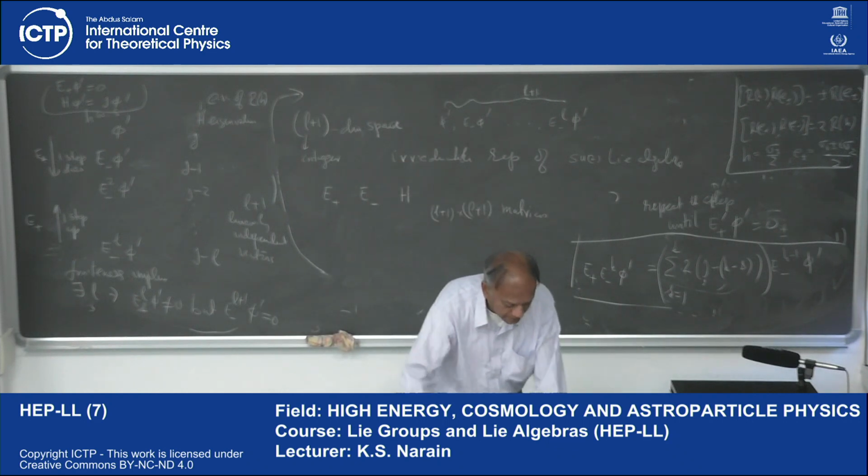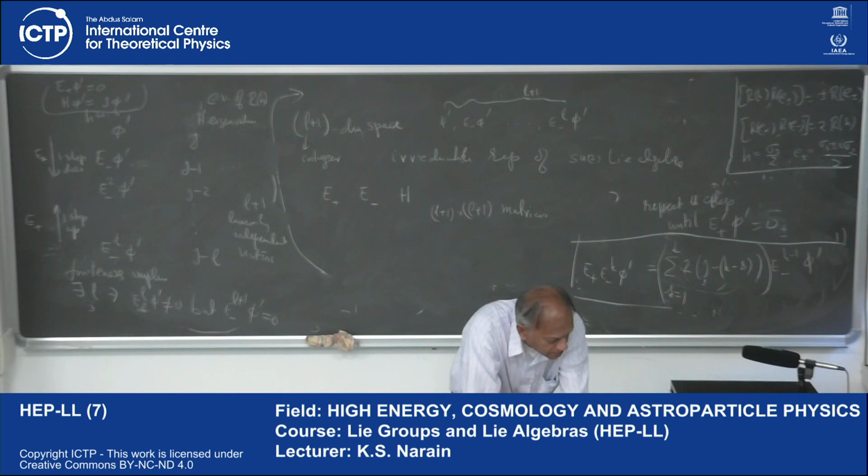I have a question. Yeah. So we have proved that when we apply E plus on this state E minus to the k phi prime, we get one of the states we already have. So I have a question: why is it necessary to prove that?